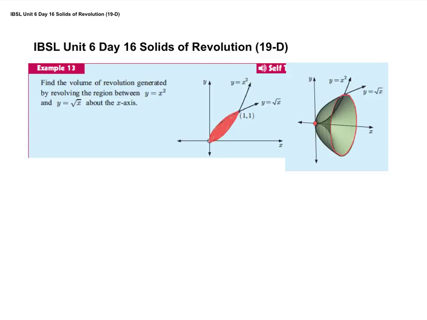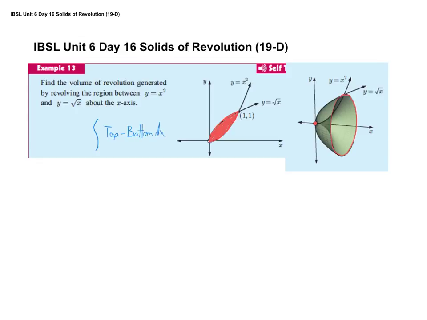Now, I want to develop this idea, because if you understand where this comes from, it'll be really easy to remember how to do it, okay? If you recall, our formula for the area between two curves was the integral from one intersection point to the other of the top function minus the bottom function.